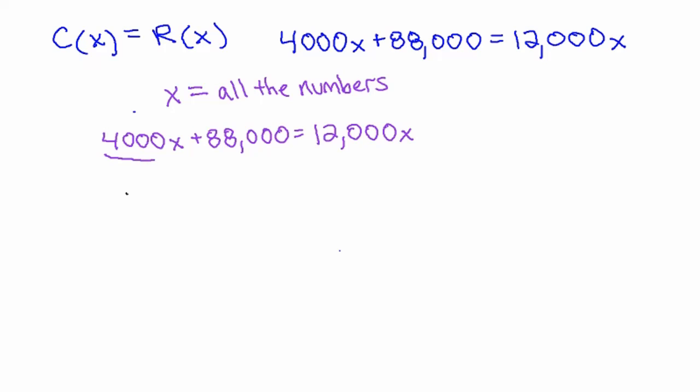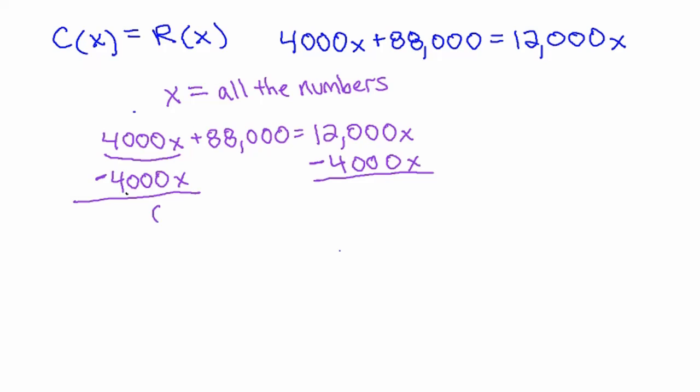So you see this 4,000x? We're going to subtract 4,000x from this side of the equal sign, and we're going to subtract 4,000x from the 12,000x on this side of the equal sign.